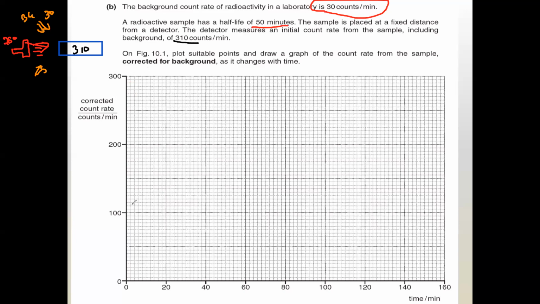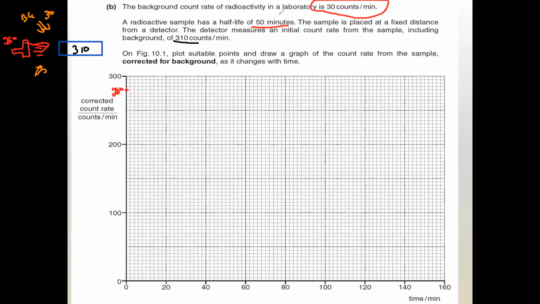On the y-axis, 10 boxes equal 50, so each box equals 5. So this is 250, 260, 270, and 280. That's the first point.